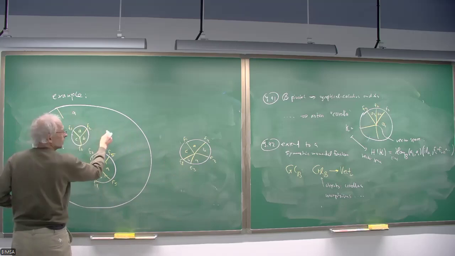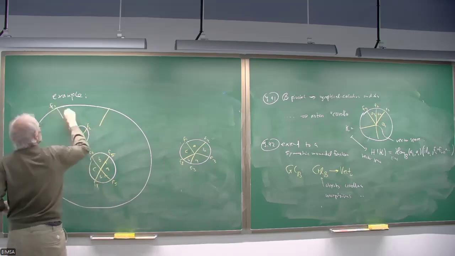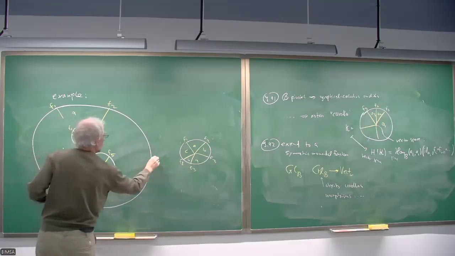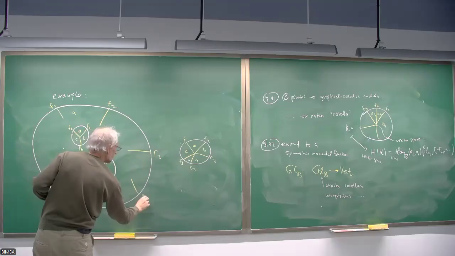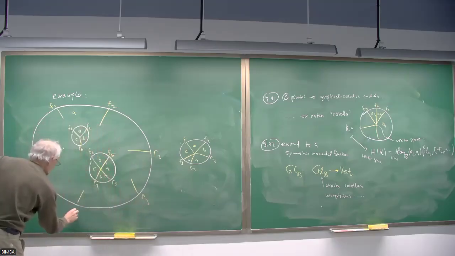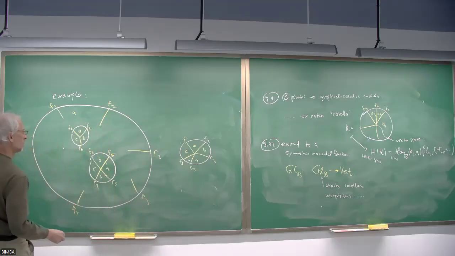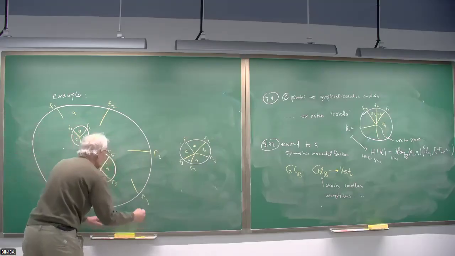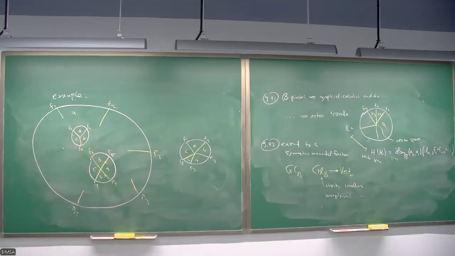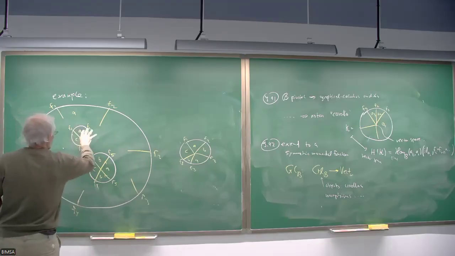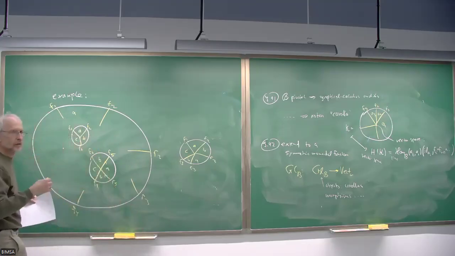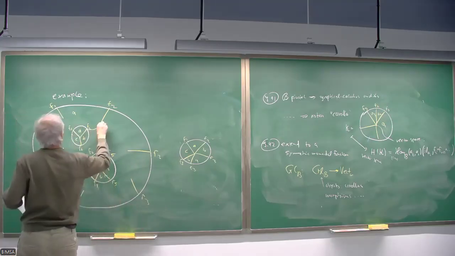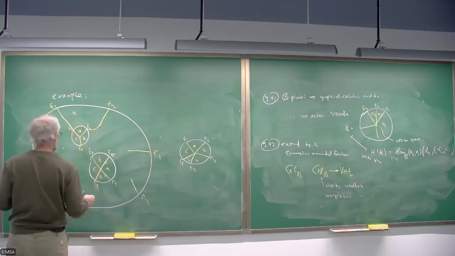Let me see whether I can get this. I have F1 here, F2 here, F3 here, another F3 here, and F4 here. That's it. And then I put in a network such that at these places we have the domain corolla, so I could connect these like this.